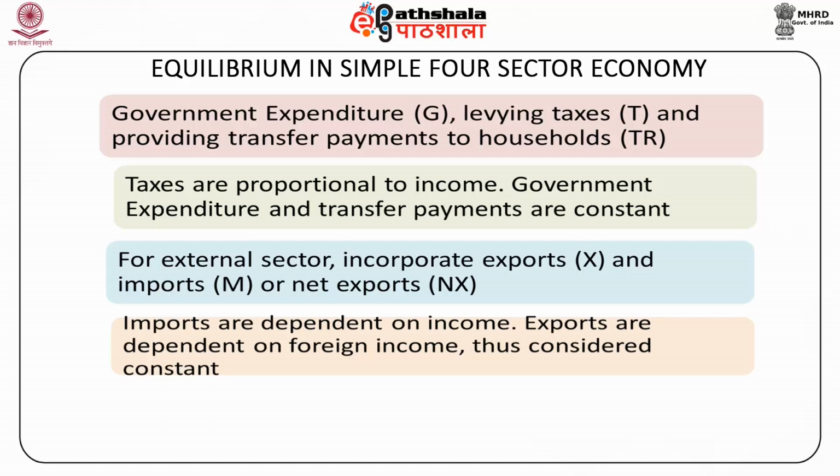In this model, it is assumed that M is equal to M naught plus mY, where m is greater than 0. M naught is the autonomous demand for imports and the small m is the marginal propensity to import, a concept which is similar to the marginal propensity to consume or save. It captures the extent of increase in imports due to a unit increase in income.